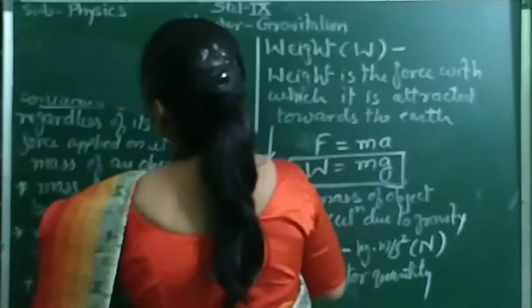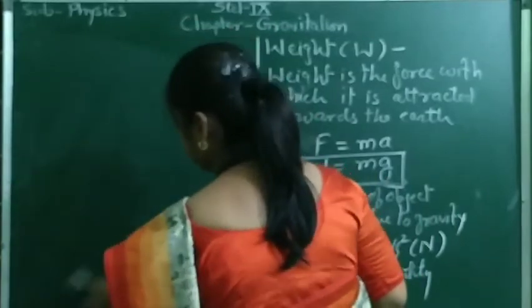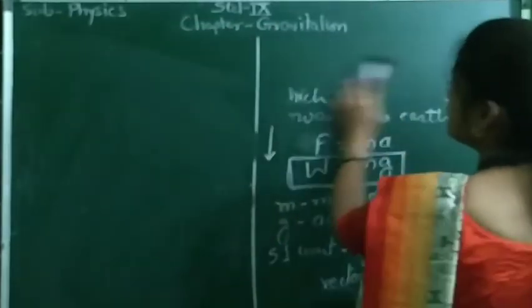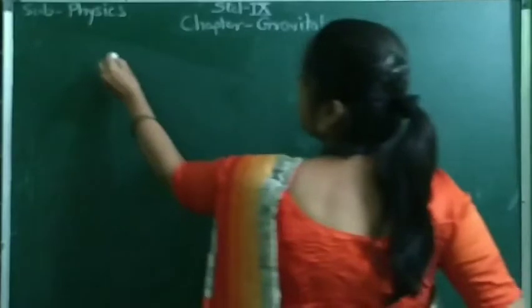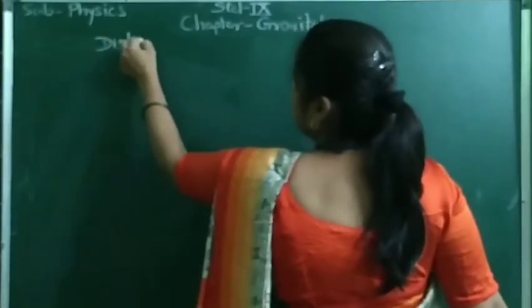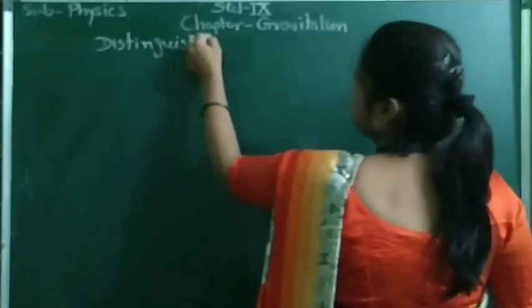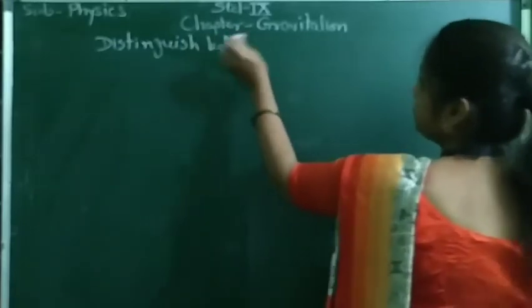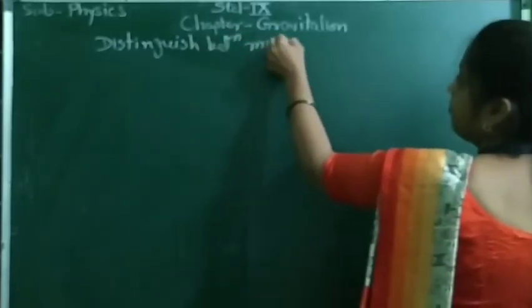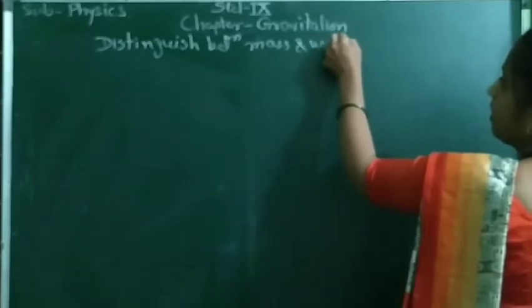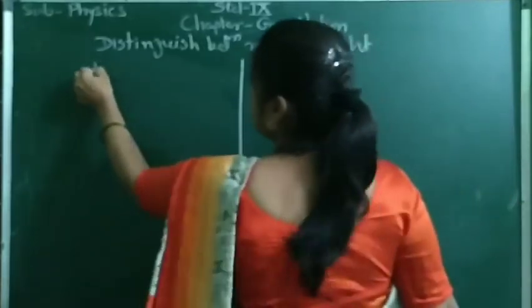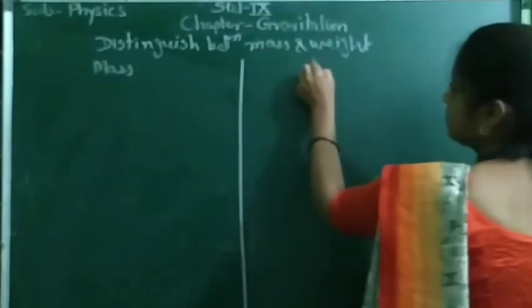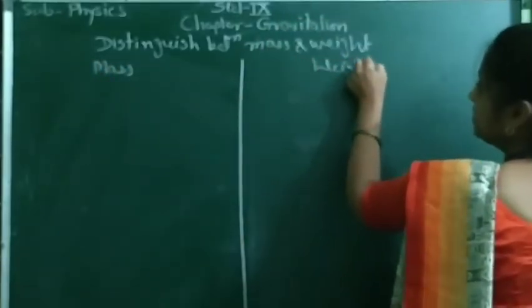So now we differentiate two things, that is mass and weight of an object. So we will see the difference, or distinguish between mass and weight. Here there is mass and here there is weight.